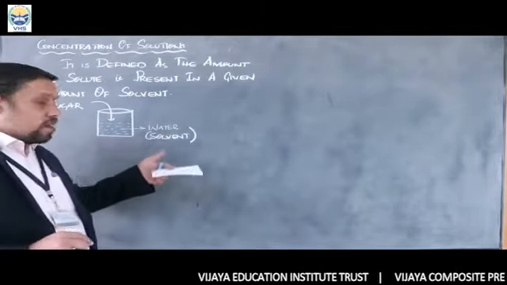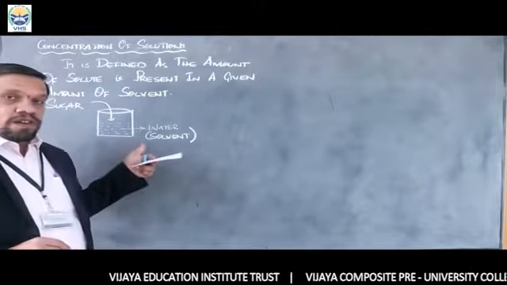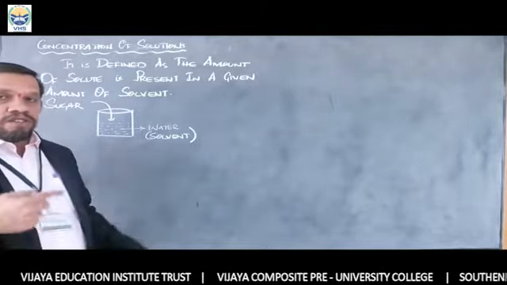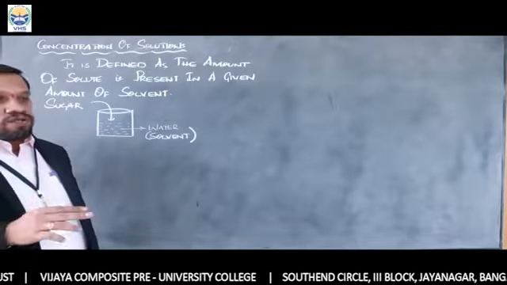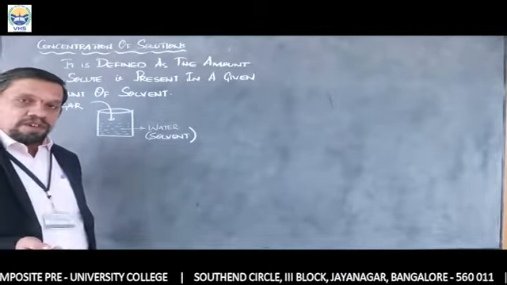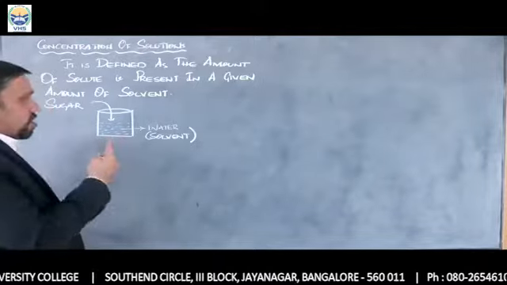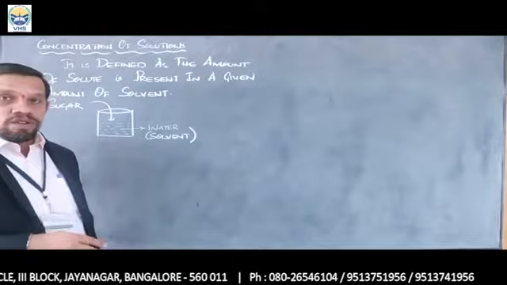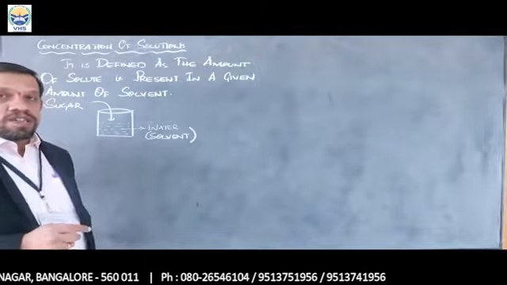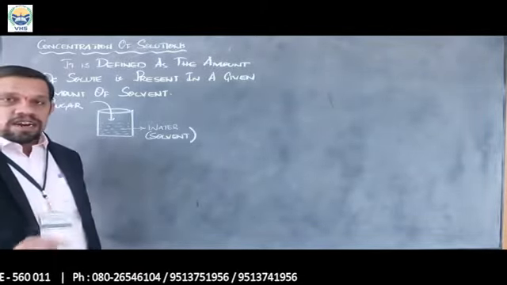So what is happening to this water or the solvent that you have taken? With the addition of more amount of sugar, the sweetness is going on increasing. We can't just go and taste the solution to find out whether it is sweet or sour or salty, because we are dealing with chemicals and we can't do that.